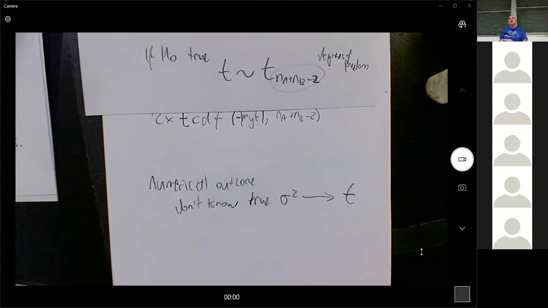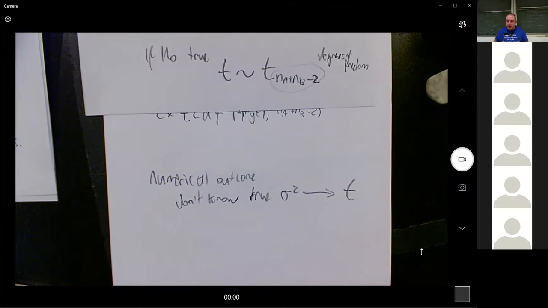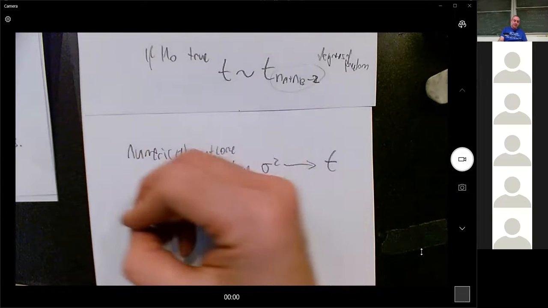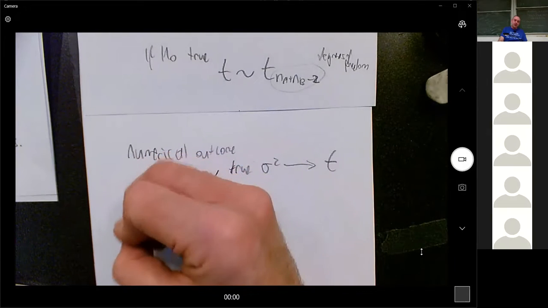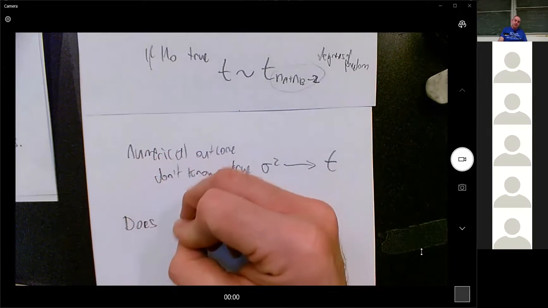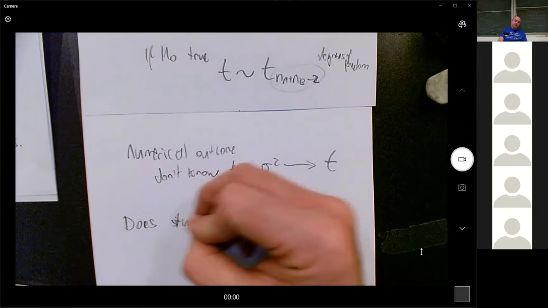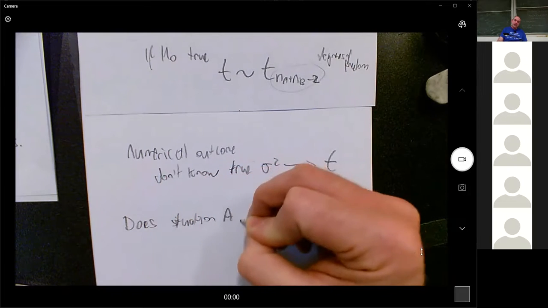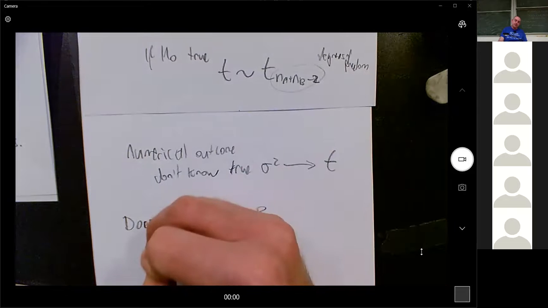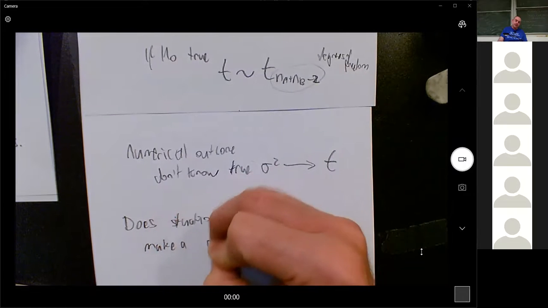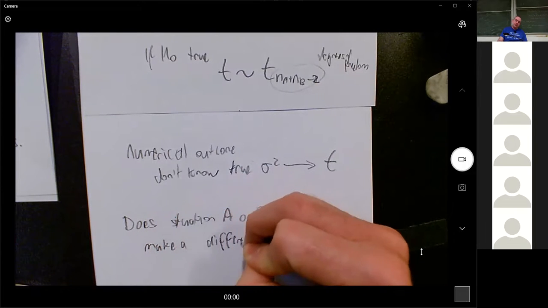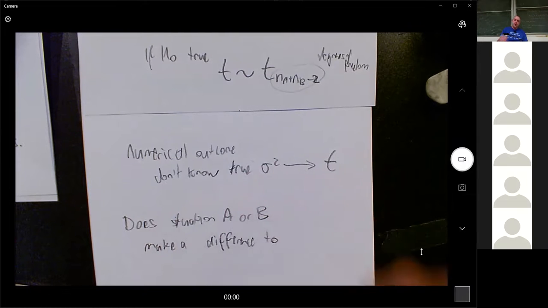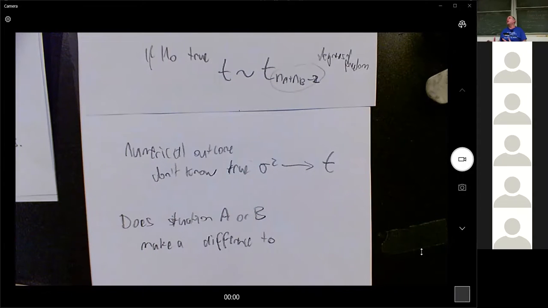And if you have, right, so last thing, and I know I was supposed to finish at 1:30, but I'm just going to power through for a couple of minutes. So what if you have, does A or B make a difference to not a numerical outcome, but how likely an event is?